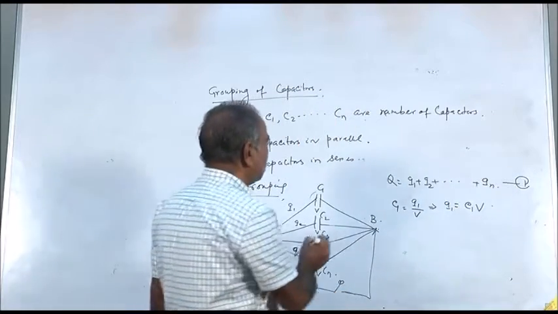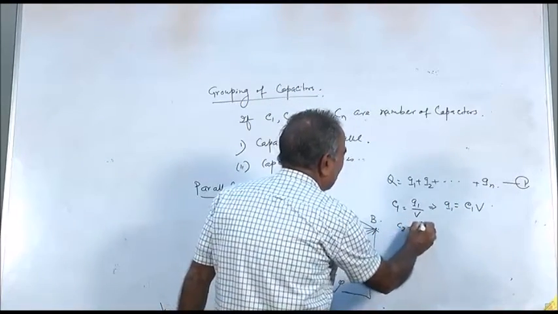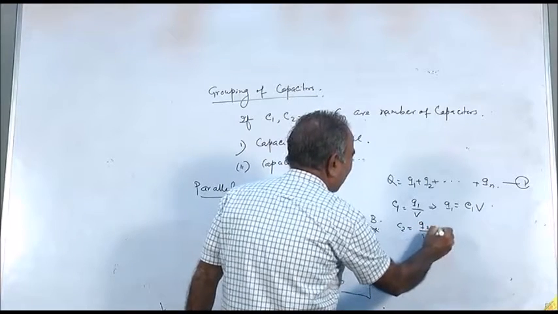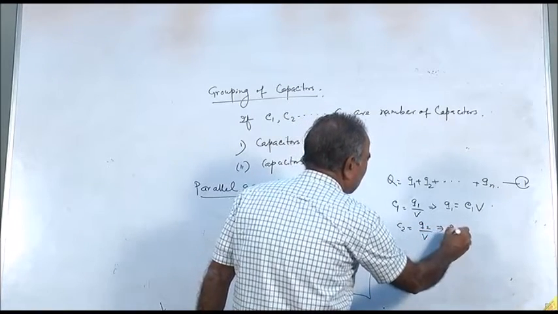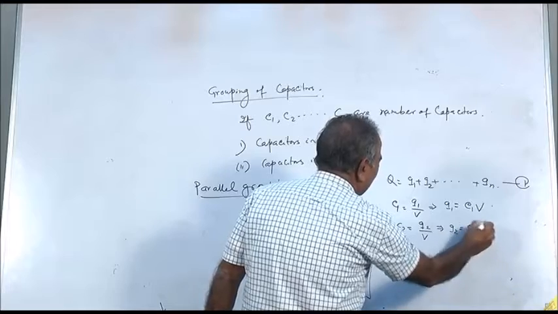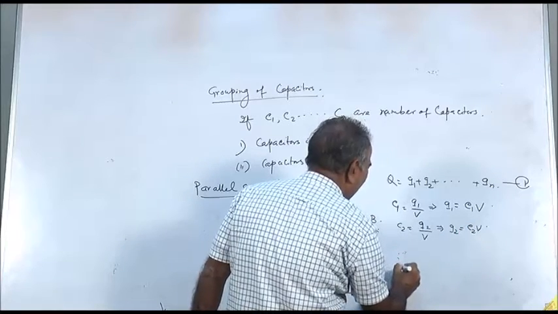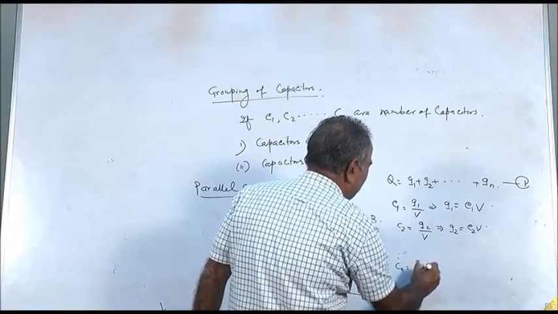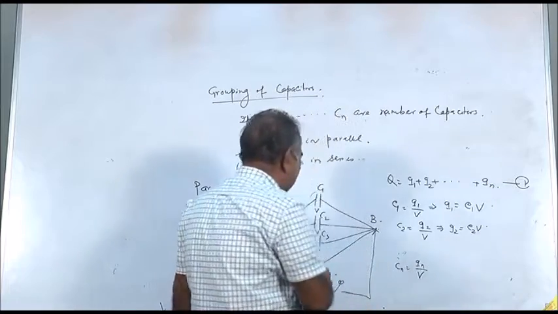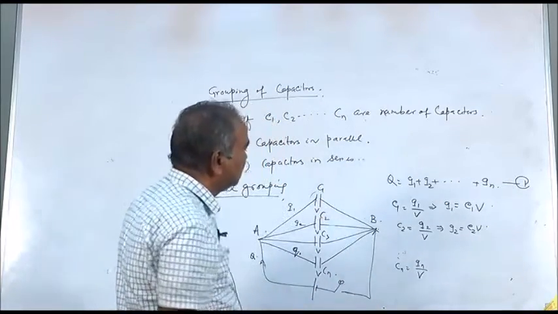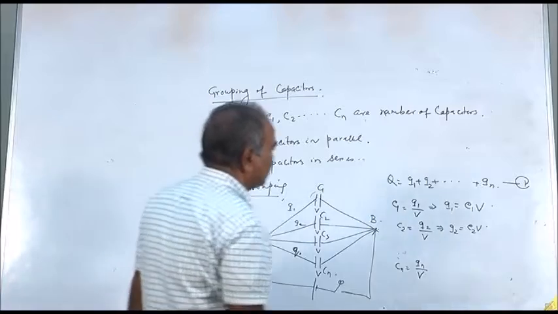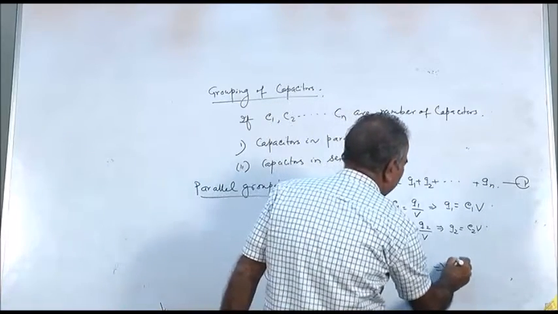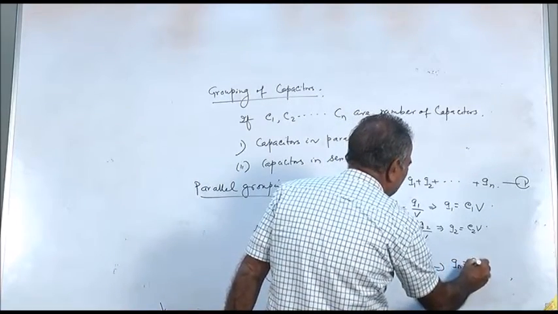Similarly, C2 is Q2 by V, or Q2 is equal to C2V. And similarly, Cn is equal to Qn by V. All the capacitors acquire the same potential. So Qn is equal to Cn into V.